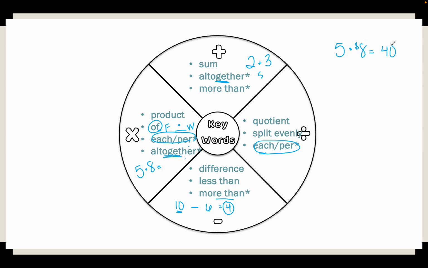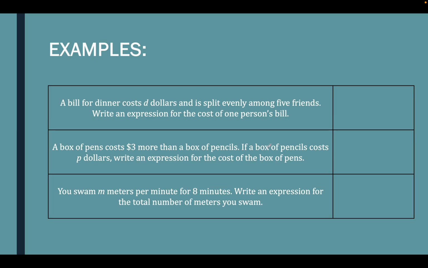That would be multiplication. If I said I spent $40 total and I bought 5 t-shirts, how much did they cost per t-shirt? That would be division to give me the answer of $8 per shirt. So you could see that depending on the context of the problem, it could be used for either. So it's not just looking for the words, but also reading the context of the problem.